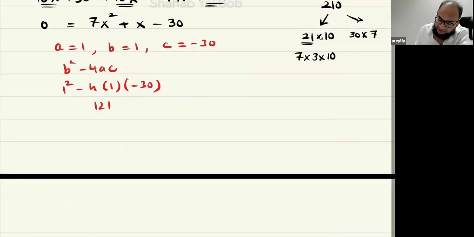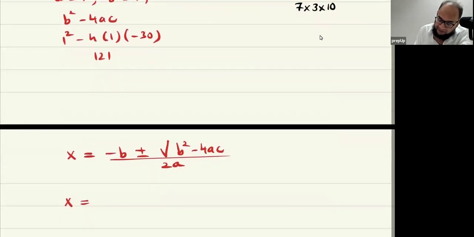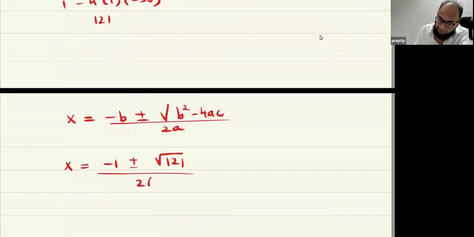So we have x is equal to negative b plus minus square root of b square minus 4ac divided by 2 times a. So therefore x is equal to negative b, which is negative 1, plus minus square root of 841, divided by 2 times 7. So this is negative 1 plus minus 29 over 14.